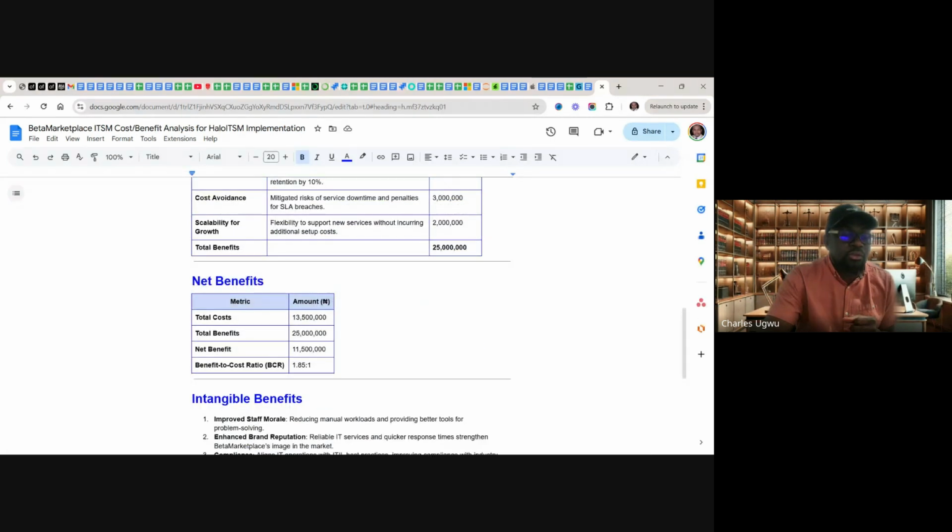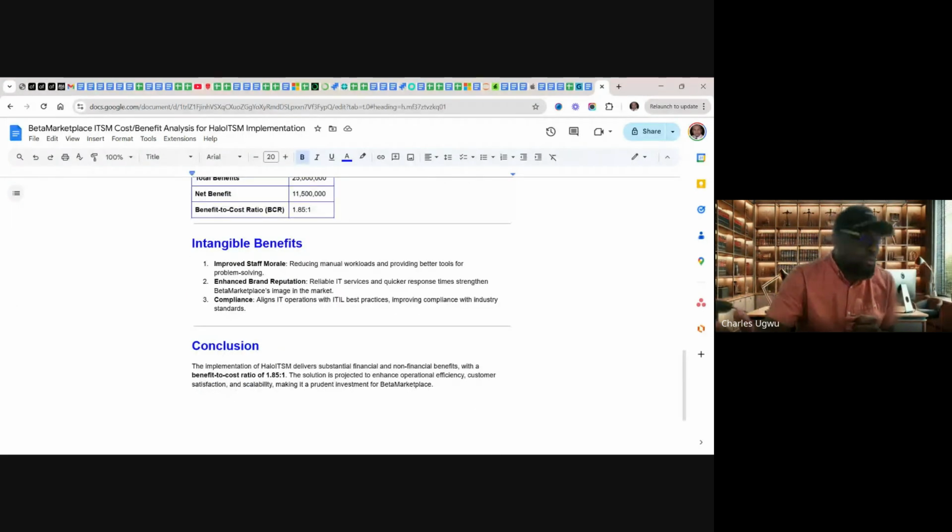There's something I want to show. In most cases in the industry, this is what they do. When you come up with such a situation, you see here, in the yearly reports, you come to intangible benefits.